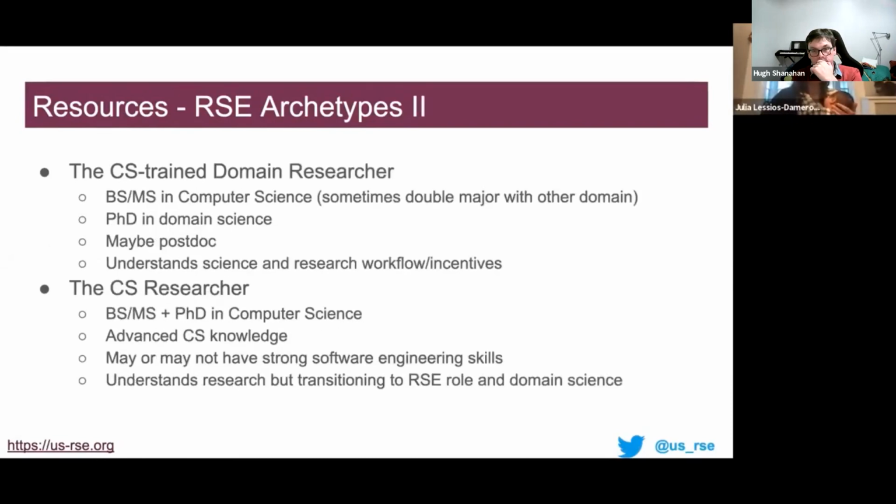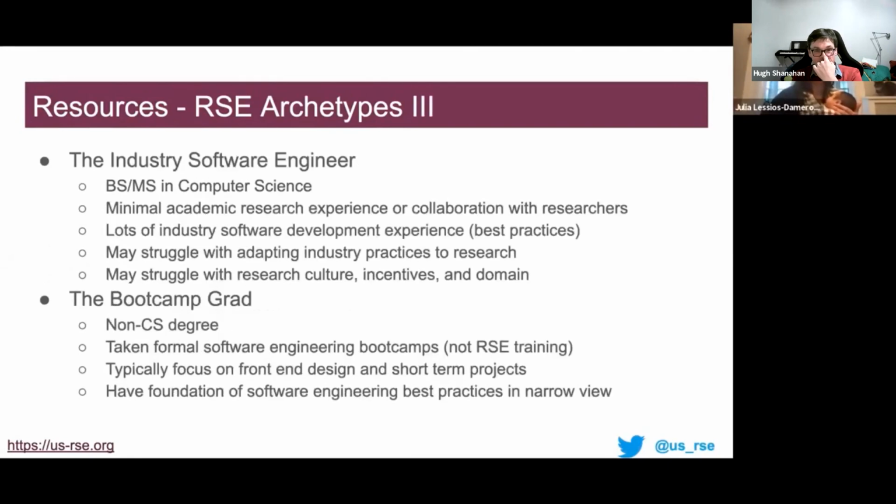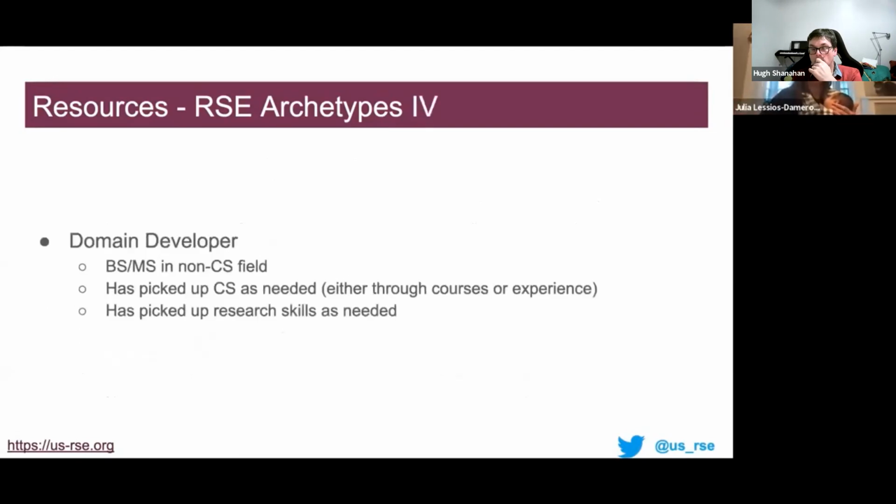From computer science researchers, to people who have some degree in computer science and some degree in domain science, to industry software developers who come with best practice experience from industry but might have issues with the research side of things, all the way to someone who has a non-CS undergraduate degree and learns CS skills as they go.